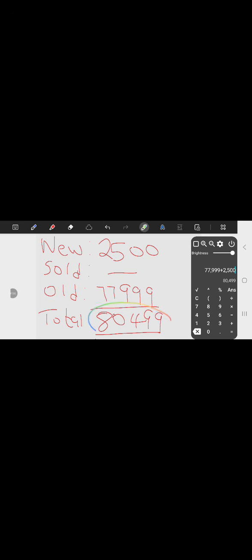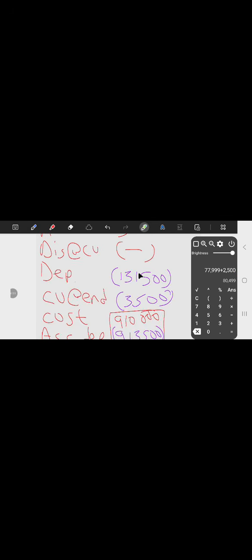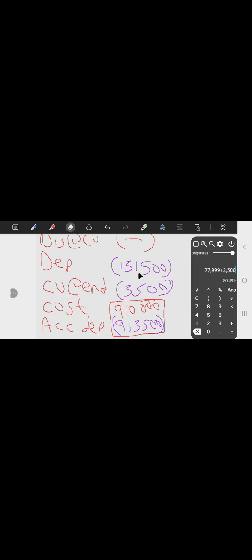This is your total depreciation for equipment that you're going to disclose in your books. Let's remove the one that I put for now, and let's put the correct one, 80,499, which is also going to affect this.